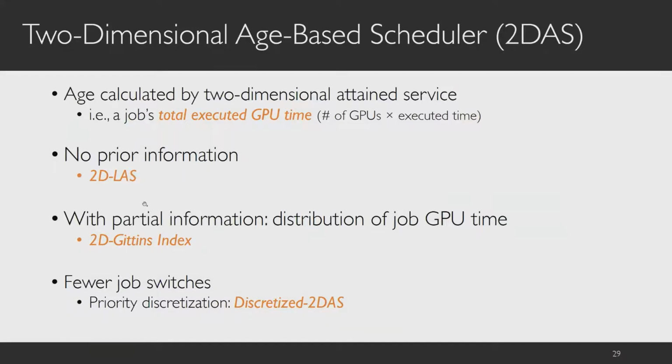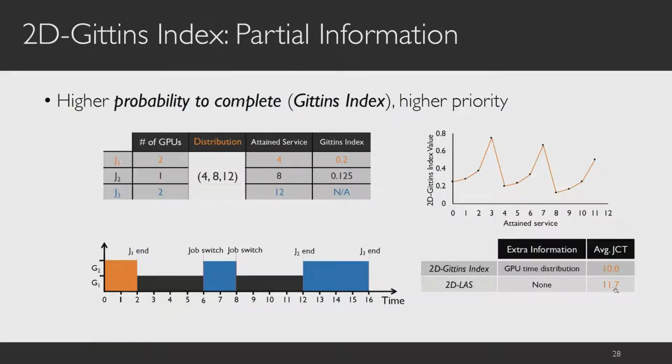If you don't have extra information, then the average job completion time based on the least attained service, 11.7, is higher than the Gittins index.